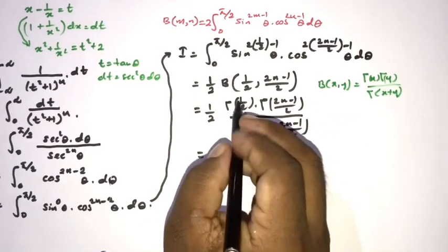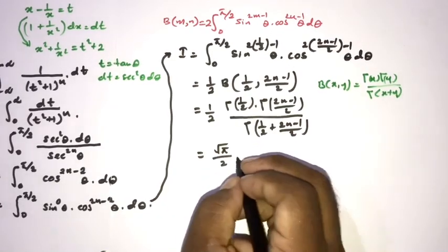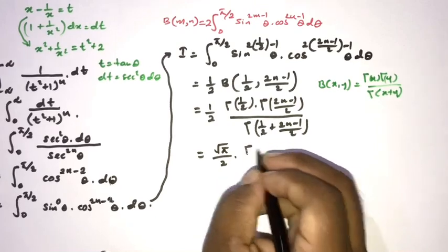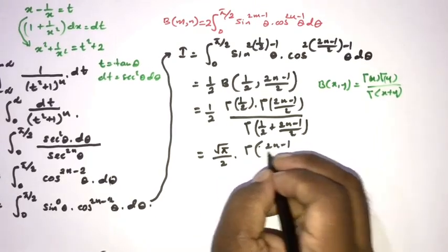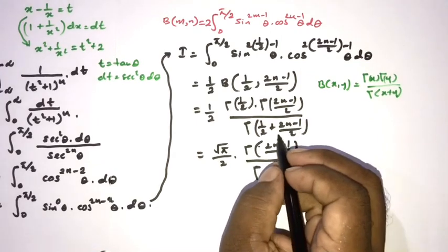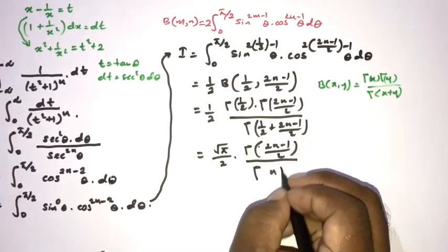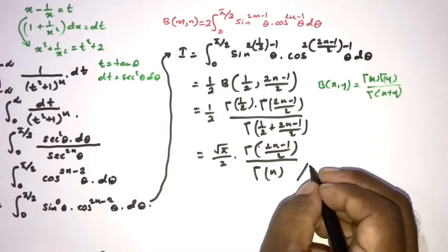Okay, then we know gamma of 1/2 is equal to square root of pi, so square root of pi over 2 times gamma of (2n minus 1)/2 over gamma of, if we simplify this, 1 minus 1 gets cancelled, 2 also gets cancelled, here gamma of n. Okay, this is the answer.